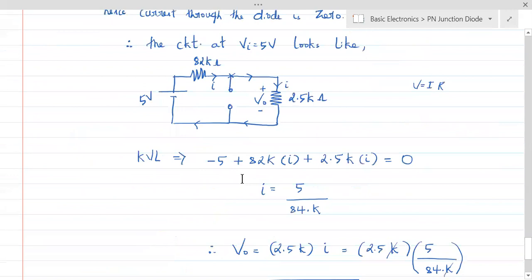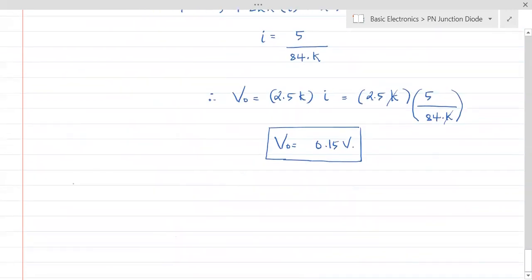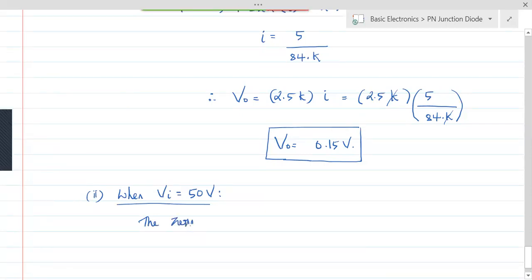Everybody go on. Second part of the solution. When Vi is 50 volts, the Zener diode is in what condition?